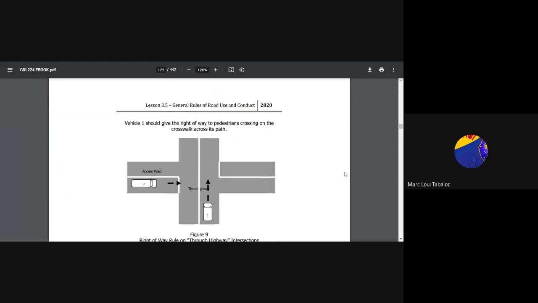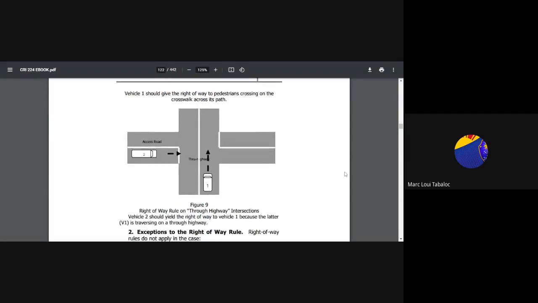Here, between an access road and a through highway or throughway, in Figure 9, you can see vehicle number 2, on the left side of your monitors, should yield or stop and give the right of way to vehicle 1.